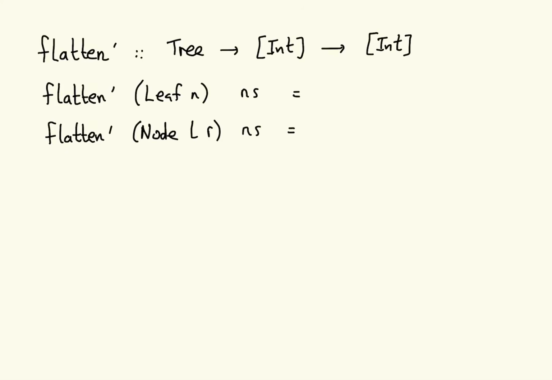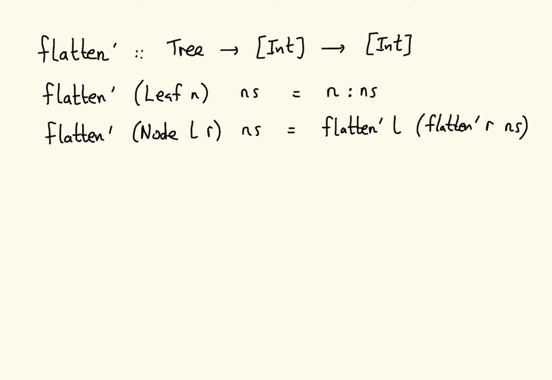And in the two cases, in the base case, we simply returned n colon n's, and in the recursive case, this was the kind of non-obvious one where constructive induction really helped us. We wrote flatten prime of L, and then flatten prime of R, and then n's. And that's the complete two-line definition for the function.